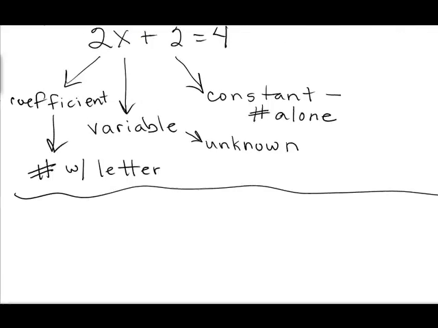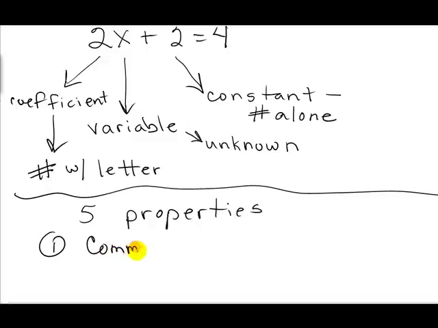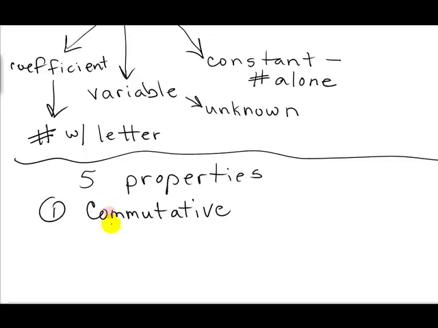We will have several properties that we will look at, 5 that we're going to focus on. The first one is the commutative property. We will use the properties in our work. Commutative property affects addition or multiplication, and it's about the order.